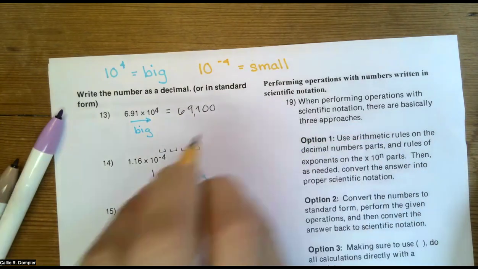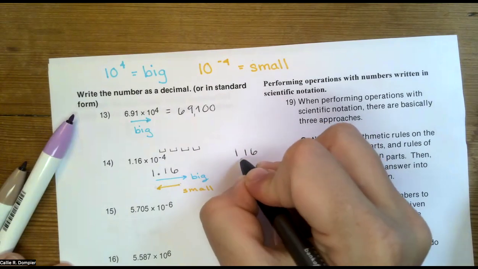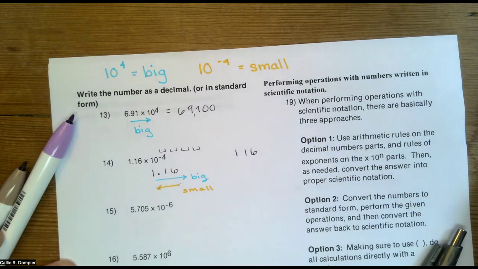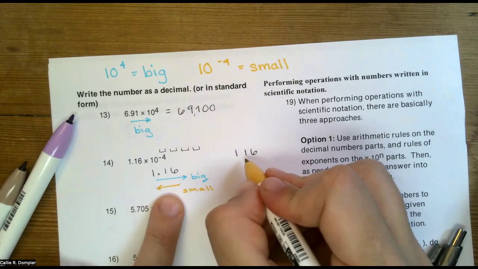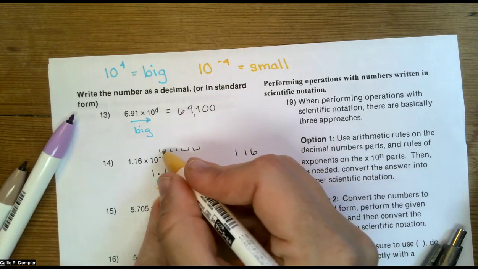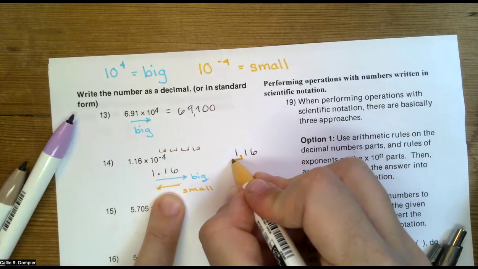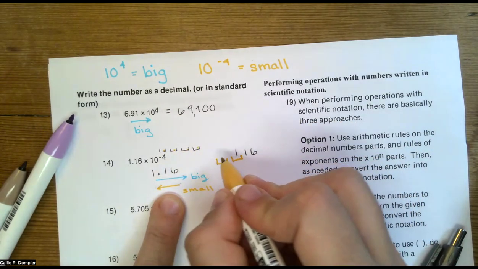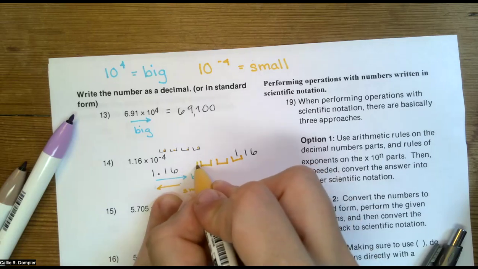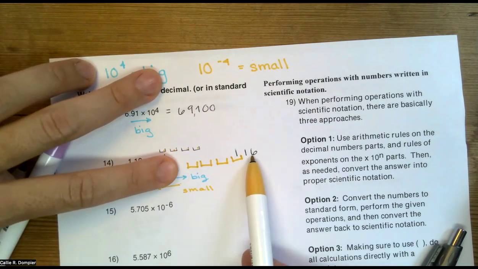So instead of 116, and the decimal used to be right there, right? We need to move it that way to make it smaller because it's a negative, and we need to move it 4 times. 1, 2, 3, 4. So it started here. I'm just going to move it 1, 2, 3, 4 times. Okay. 1.16.